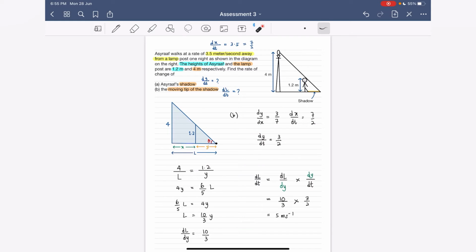Okay, so dL/dy is 10 over 3, and dy/dt is 3 over 2. So 10 over 3 times 3 over 2 will get 5 meter per second. So that's how to solve the related rate problem in application of differentiation.